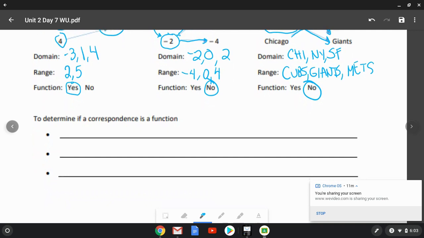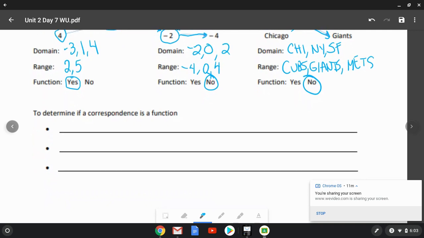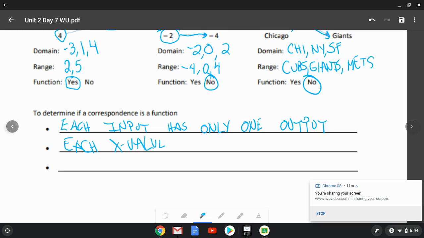So this next part is talking about how do we determine if something is a function. There's a couple different ways. The first way we've talked about is that each input has only one output. Each x value, which is the same thing as an input, has only one y value.